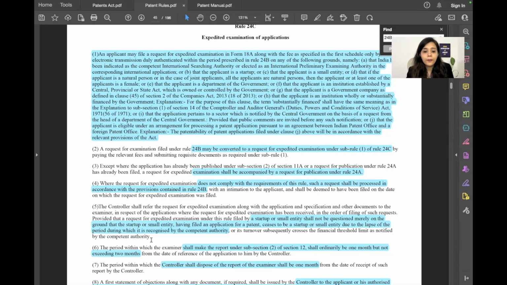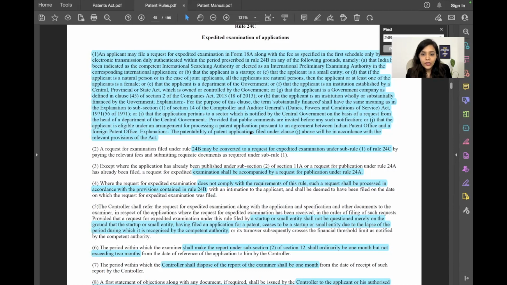Then, for example, you are eligible for expedited examination, but you wanted to save certain fees and you filed a normal examination. But at a later stage, probably after 1 year, you think that no, I want to file an expedited examination. Then you can pay the difference of fee and apply for expedited examination, provided you have some ground under subsection 1.